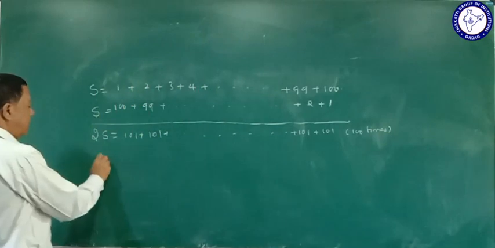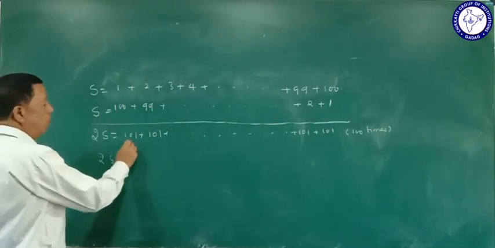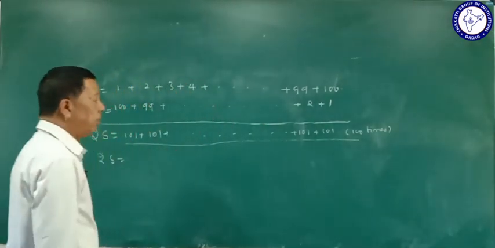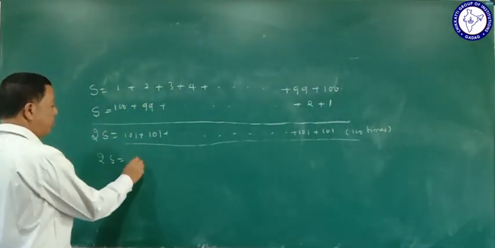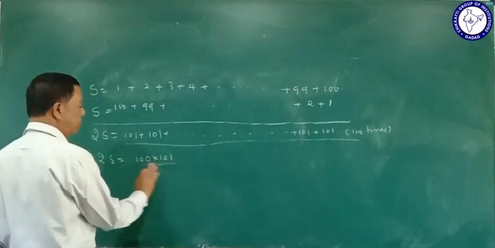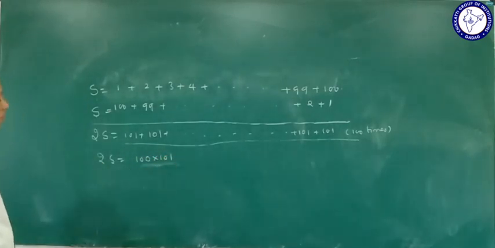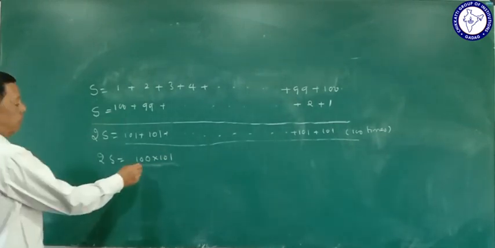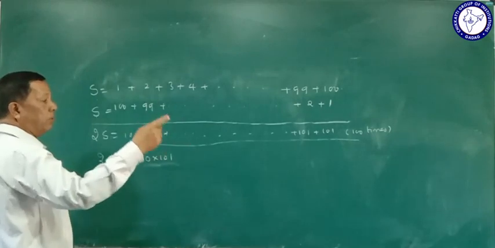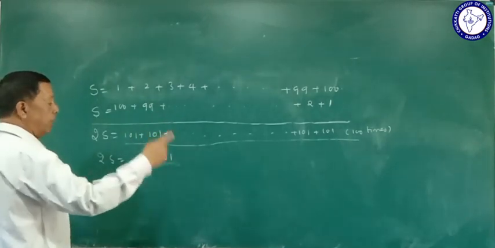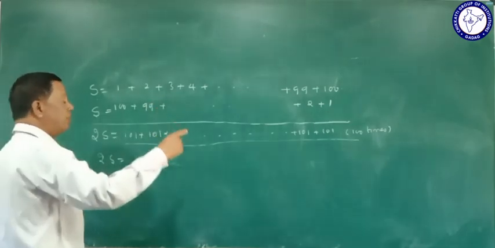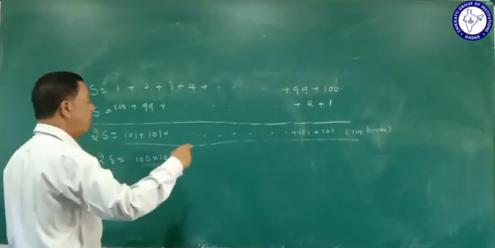So 2S equal to, all together how many 101s are there? 100. So 100 into 101. Suppose a plus a is 2a, a plus a plus a is 3a; 101, 101, 100 times, so 100 into 101.